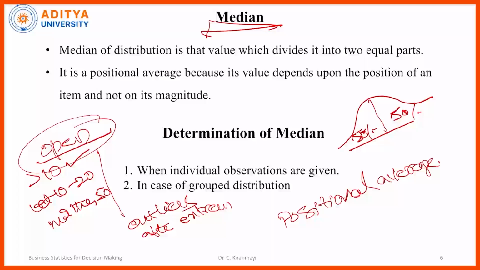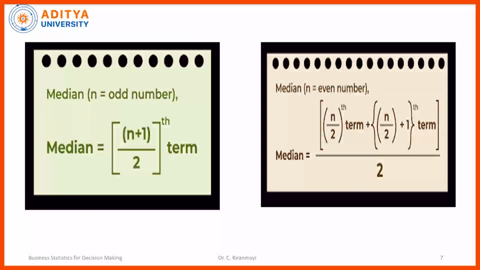And not only that, when the characteristics of the items are rankable rather than measurable, in all such cases we calculate the measure median. And here also we can compute median for two kinds of distribution: for ungrouped data, that is observations, and also for grouped distribution.